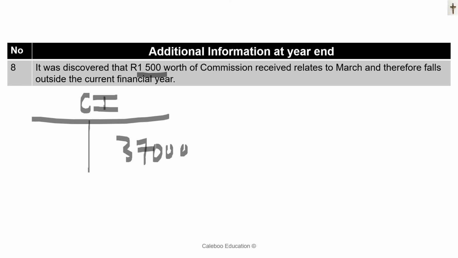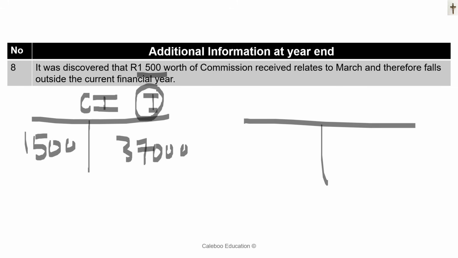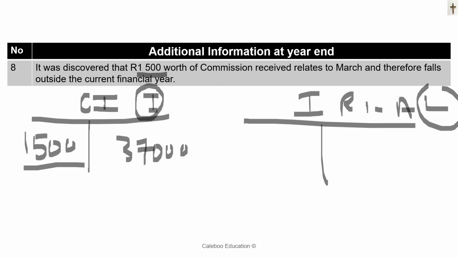But this is not a true reflection of the income that we've earned for the period. 1,500 needs to be taken out because it relates to next year. And the other account will be income received in advance, which is a liability. So we debited commission income and we credit income received in advance.